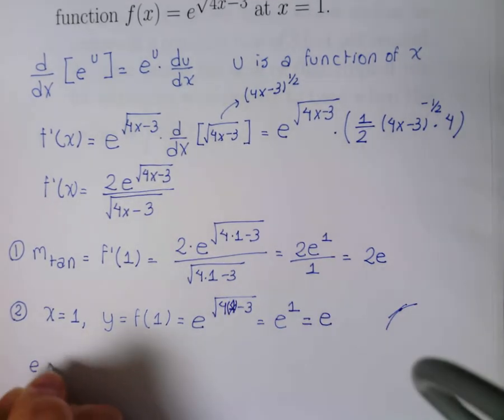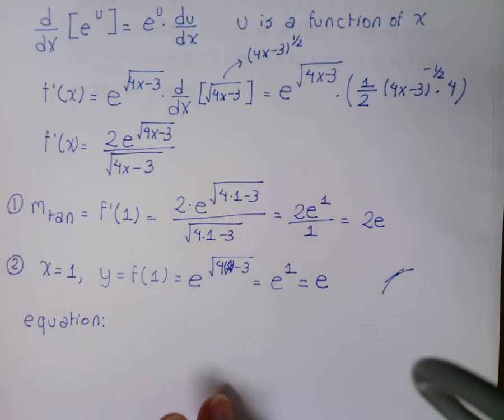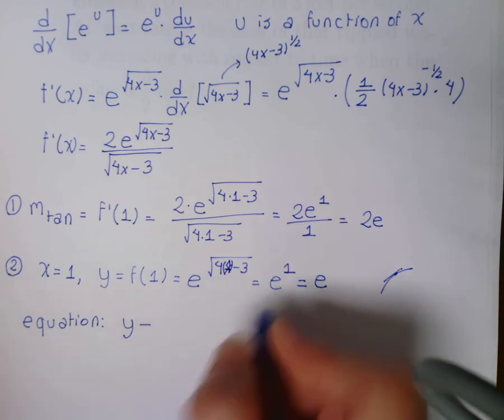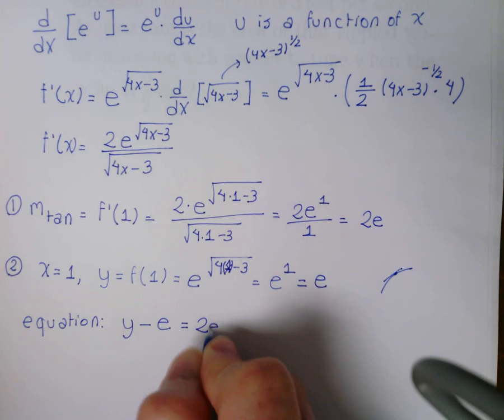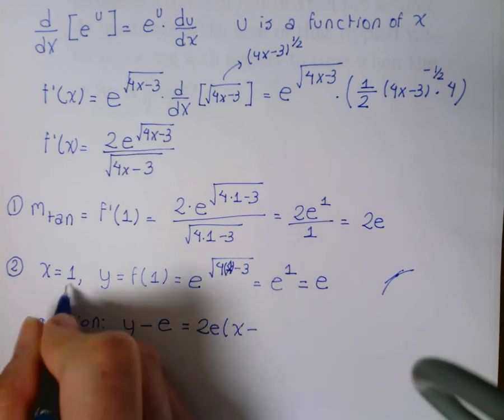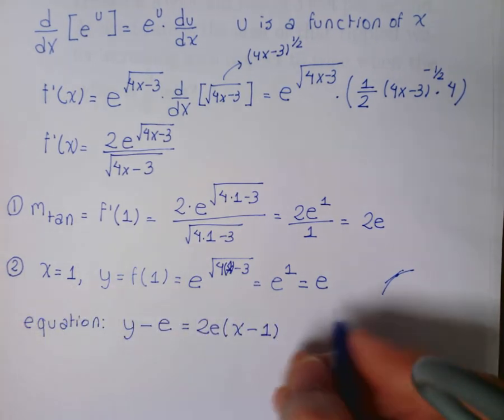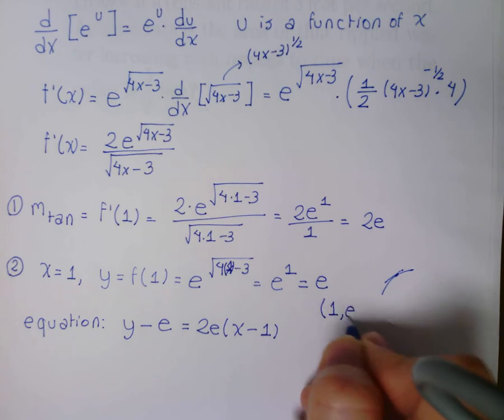So our equation is just y minus e equals the slope 2e times x minus 1, because this is the point (1, e).